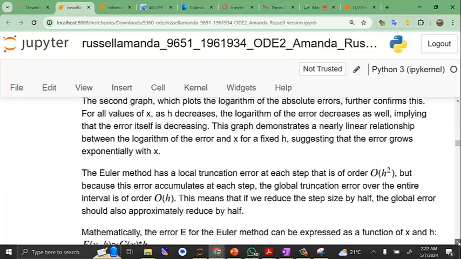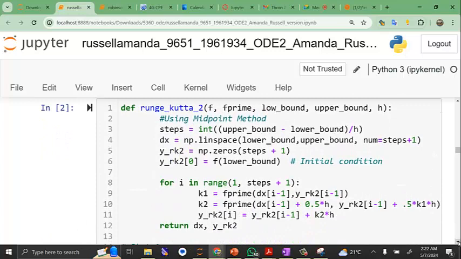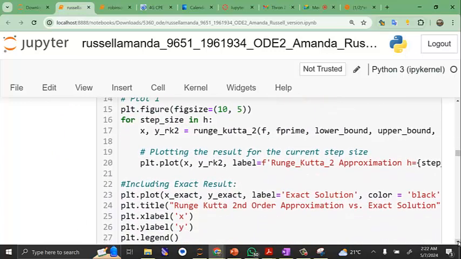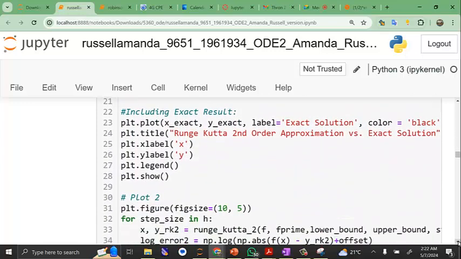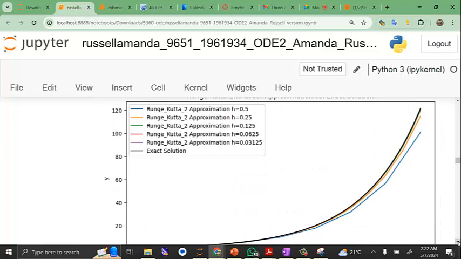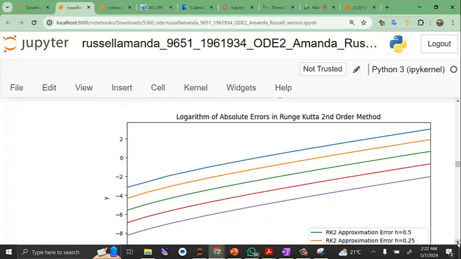And then you can do this similar stuff for Runge-Kutta. Now, Runge-Kutta is much more accurate. And I'm running out of time, so I'm going to have to go through this very quickly. You can certainly see the difference with Runge-Kutta too. After 3 approximations, you can't even see the difference on this graph. But of course, if you go to the logarithm graph, you will see this.